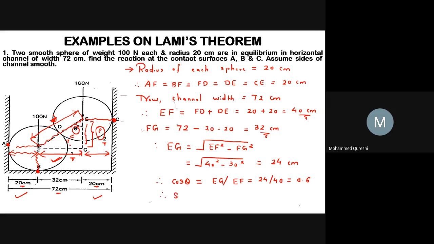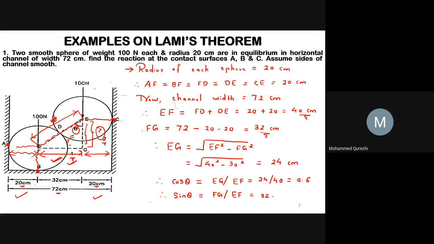And now we will calculate the value of sine. So sine theta equals, what is sine theta? Sine theta is opposite side upon hypotenuse. So sine theta equals opposite side, this FG, upon hypotenuse EF.